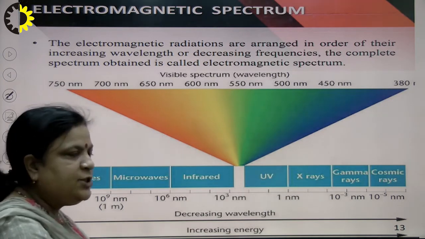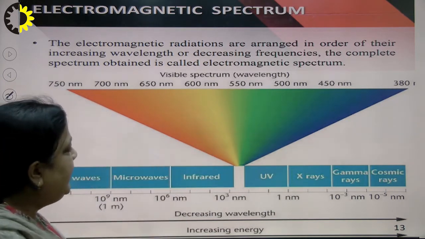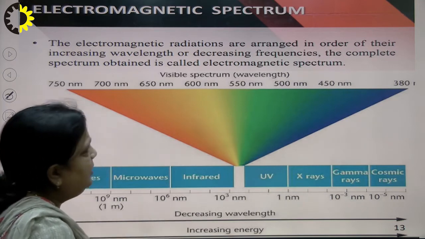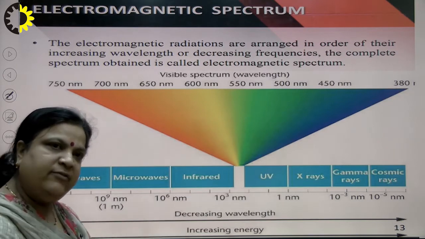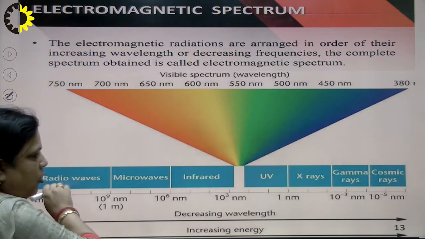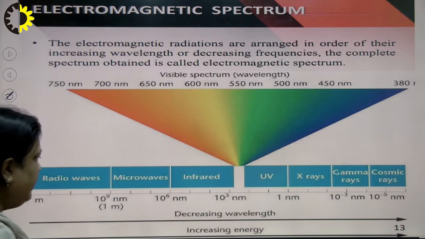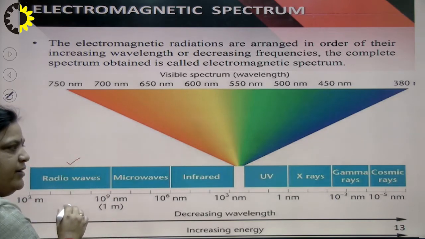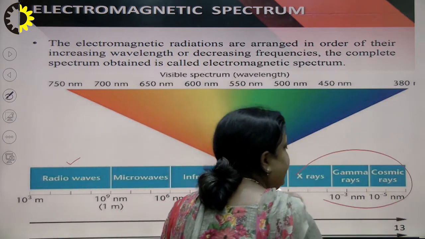The arrangement of electromagnetic radiation in order of increasing wavelength or decreasing frequency, because both are inversely proportional, gives the spectrum which is called the electromagnetic spectrum. This is the order of decreasing wavelength. Radio waves have the highest wavelength, and cosmic rays, gamma rays and X-rays have the least wavelength.